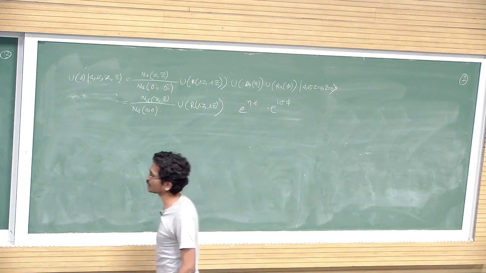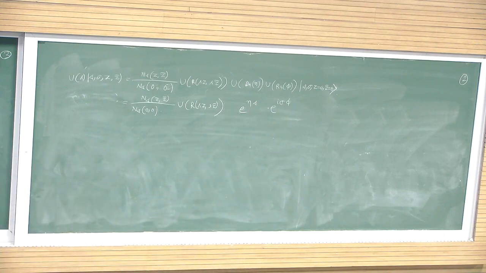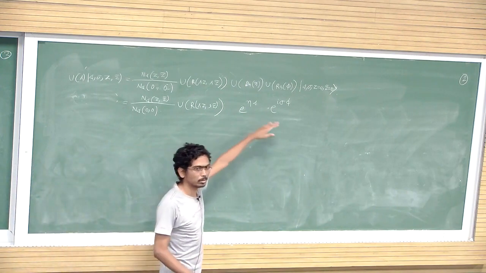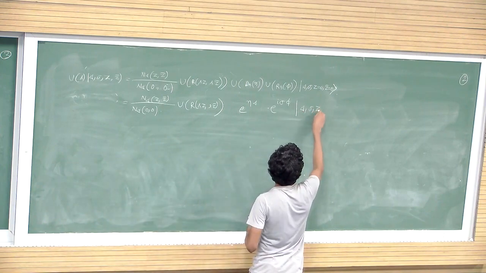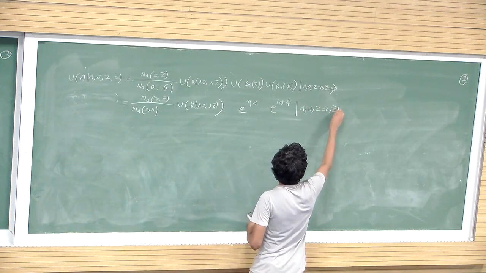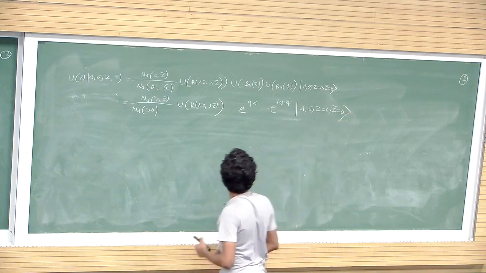Somewhere I had calculated this: what is the action of U of B3 eta? It will give you e to the power eta into delta, acting on this delta comma sigma.